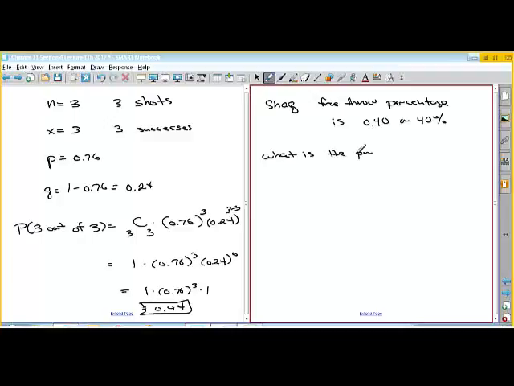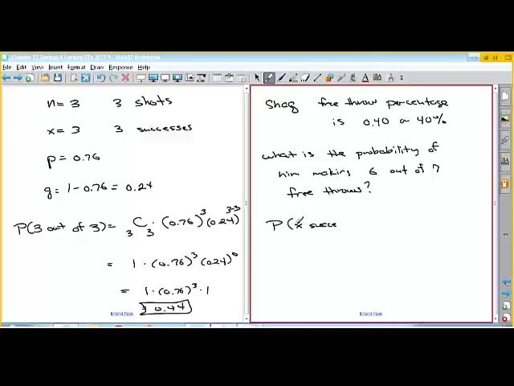What is the probability of him making 6 out of 7 free throws?